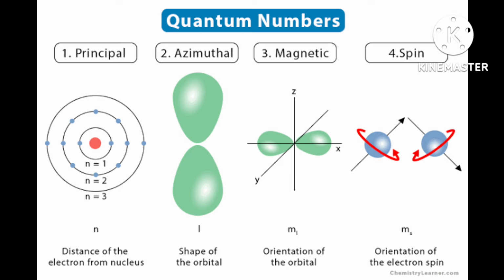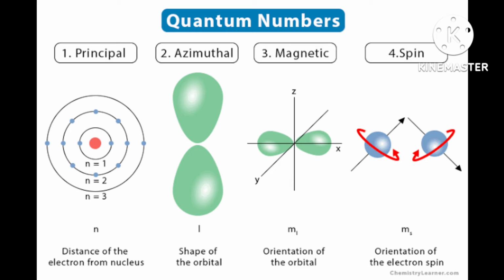Very clearly. n is equal to 1, then only one subcell. Which subcell? 0 means S, only S orbital will be there. S subcell means S orbital. If n is equal to 2, then 0 and 1 means S and P. And n is equal to 3, then 0, 1, 2 subcells.